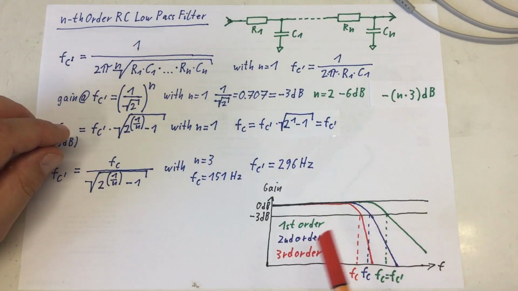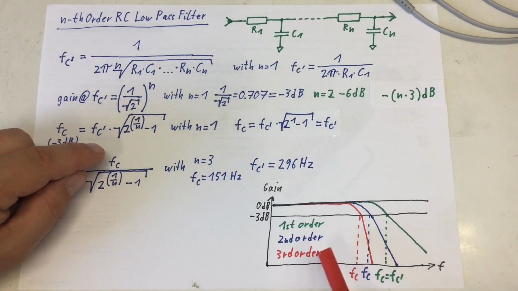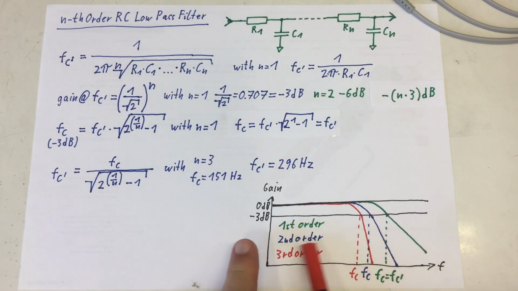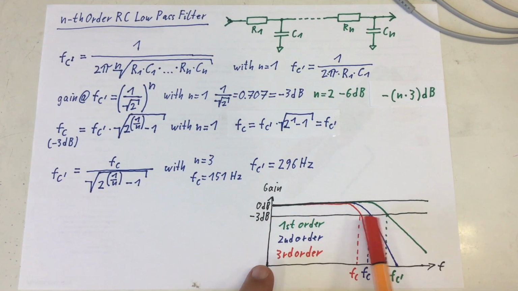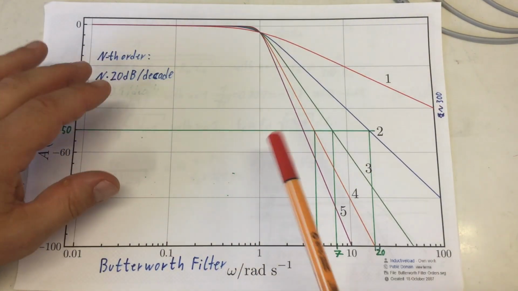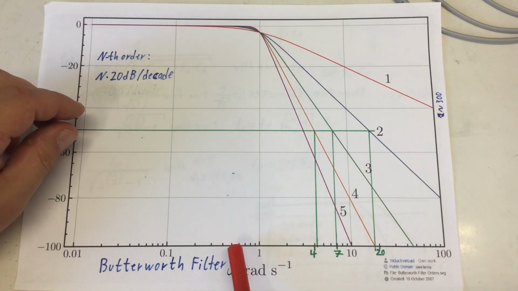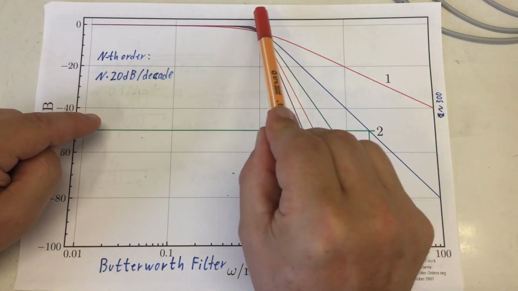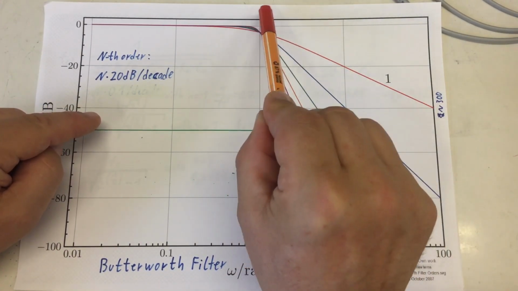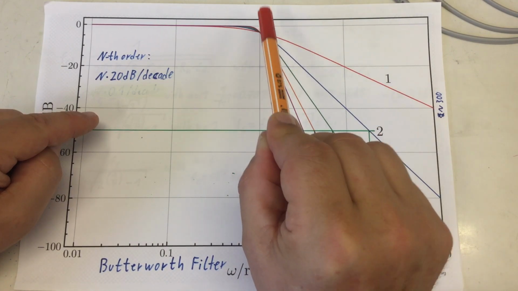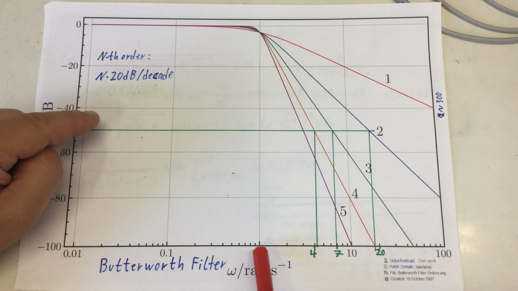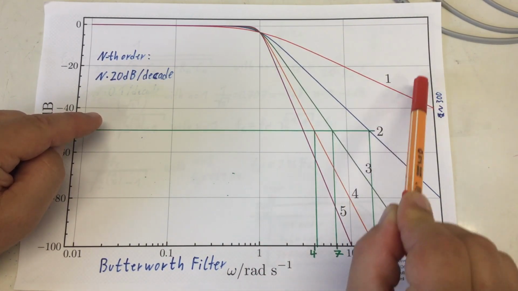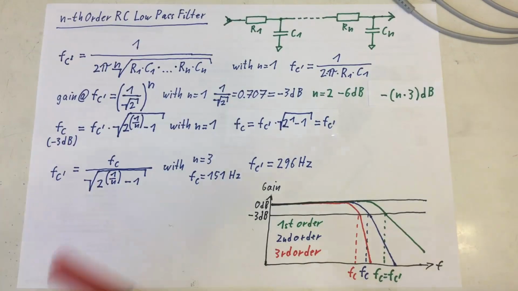The higher the order of the RC low-pass filter, the more to the left it will cut the minus 3 dB line. Our idealized Butterworth filters all cut the minus 3 dB line at exactly the same point, relative frequency of 1, independent of their order.